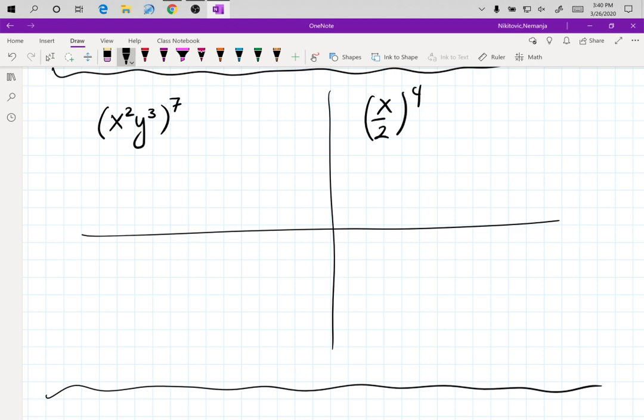We have 3x squared divided by 5y to the 4th, everything raised to the 3, because we can. And let's do one more of these kind of introductory.